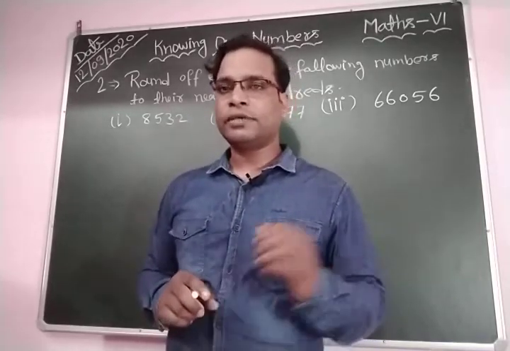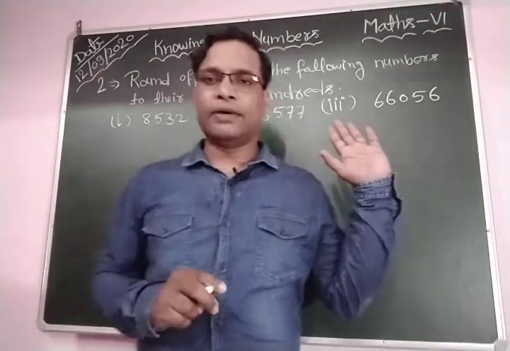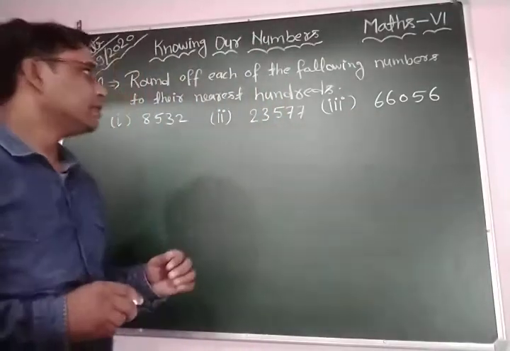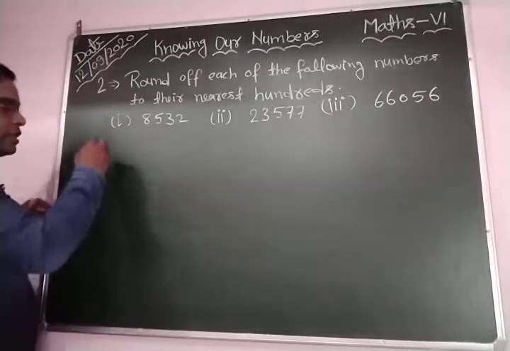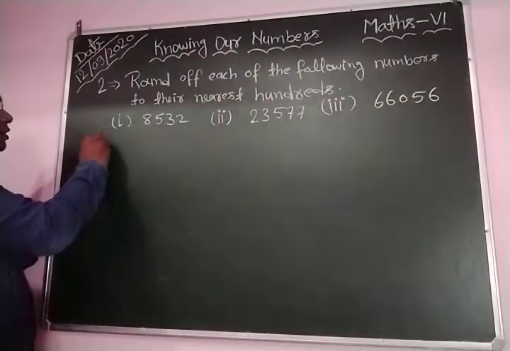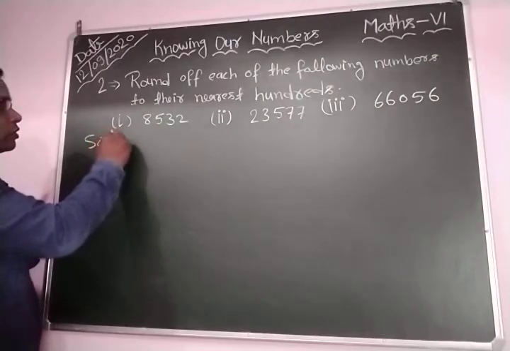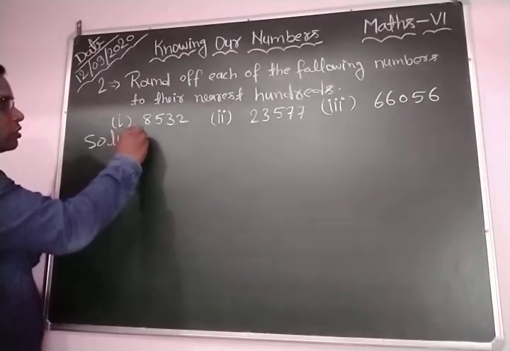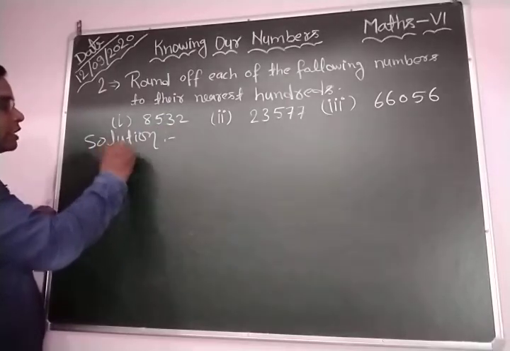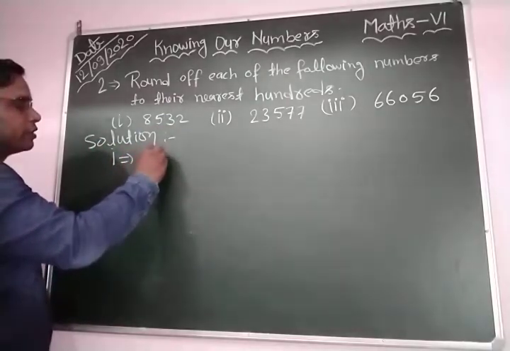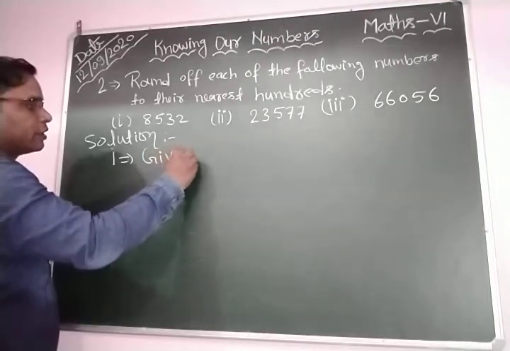Okay, so let's see how to find these numbers. In these numbers, the first is 8532. So in the solution, first you write here the given number.